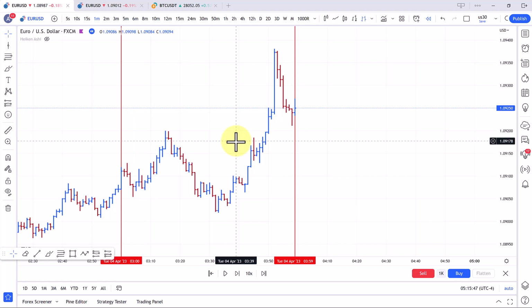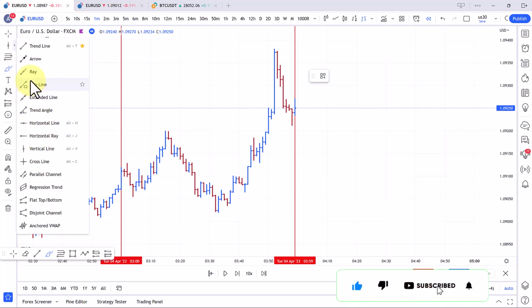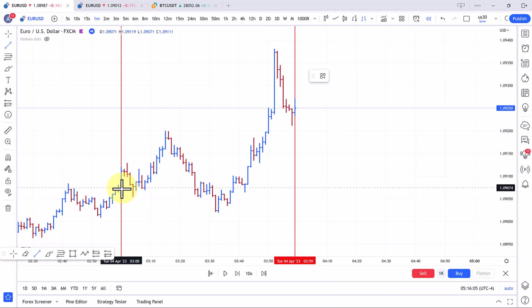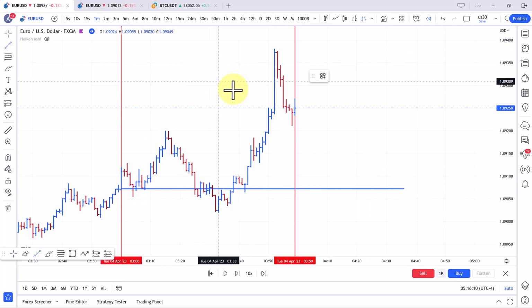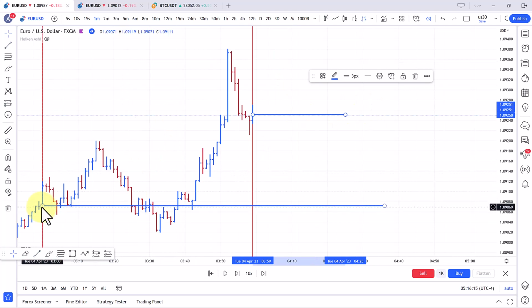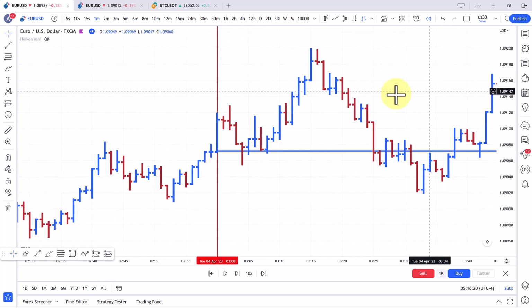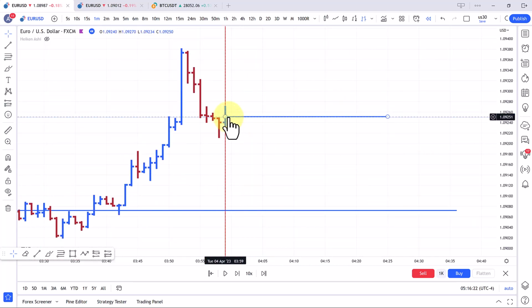So what we want to see here, we want to mark our opening price with this trend line. So it opened here, it closed right here. So I'm seeing the right horizontal line on this candle for the closing price and the left horizontal line on this bar for the opening price.